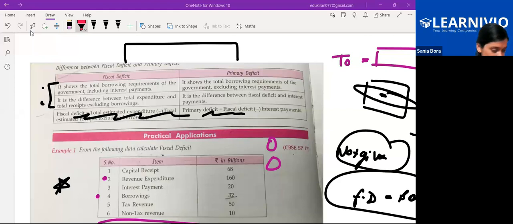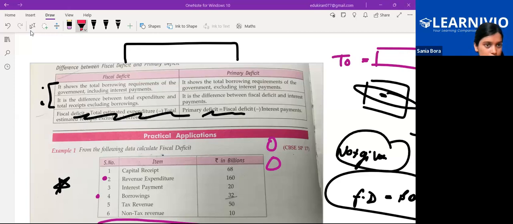Okay, for fiscal deficit, revenue expenditure is given. FD is equal to revenue expenditure, which is 616, plus capital expenditure. No, ma'am, capital expenditure is non-tax revenue.